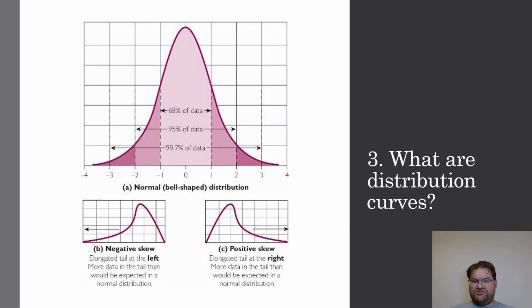So what's a distribution curve? These are distribution curves. They're graphs. They show where scores fall. You can imagine the shaded areas in the top picture, and on the two bottom pictures, within those lines would be various scores.